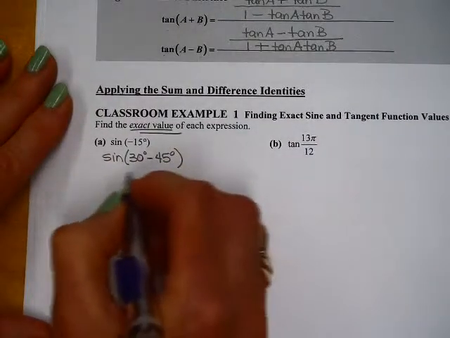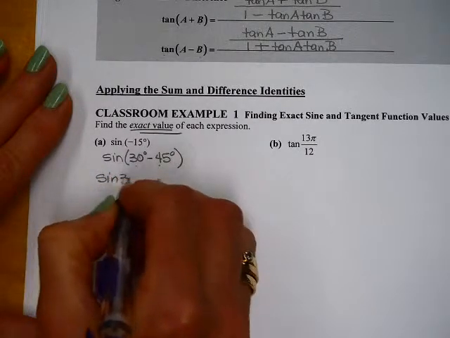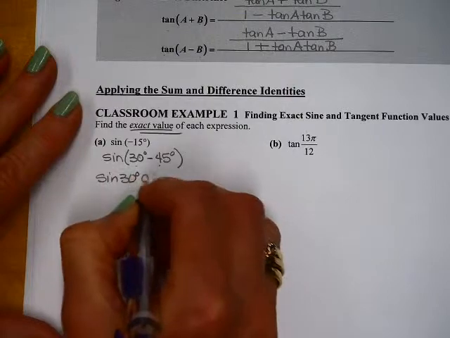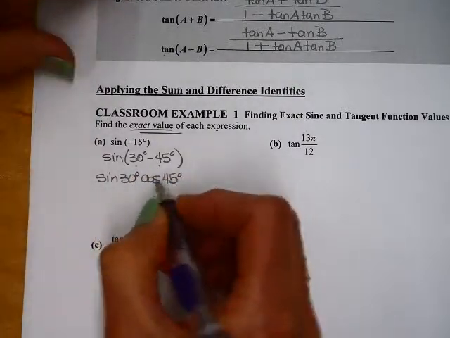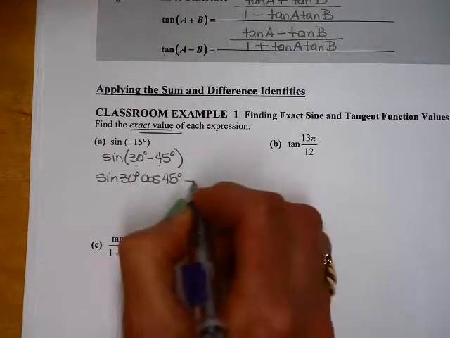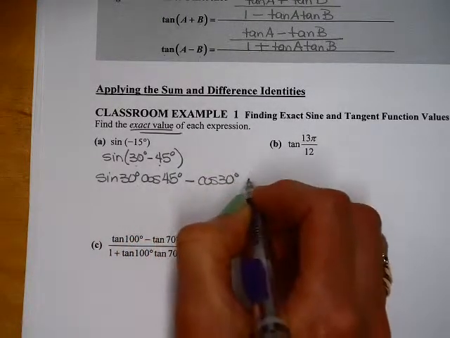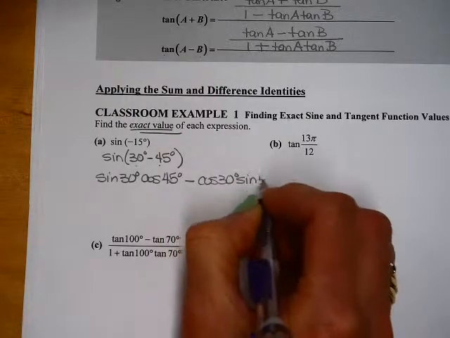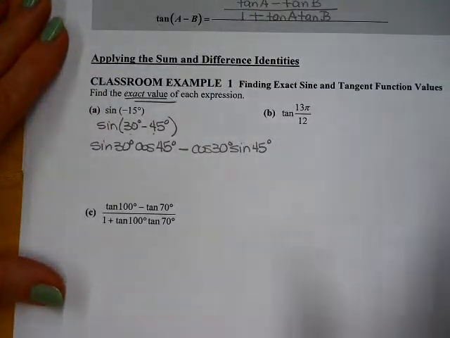So this is A and B, so the formula for this is the sine of 30 degrees times the cosine of 45 degrees, minus the cosine of 30 degrees times the sine of 45 degrees. And everybody's following where I'm getting the formulas and all this stuff, right?